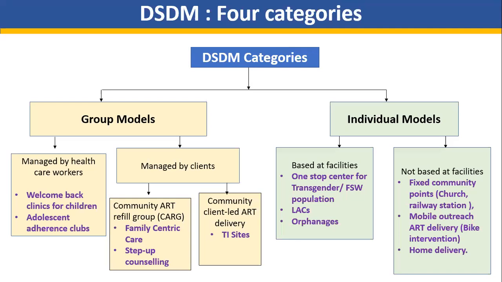Or individual models may be at fixed community points where the patients can be provided with their services. This can be home delivery, a mobile outreach ART delivery model, or a fixed community point like churches or railway stations and certain other areas.